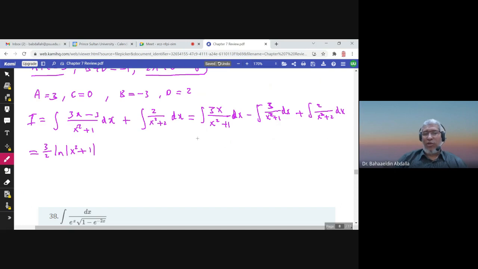If you have a problem with this, use a usual substitution and you will get the answer. Minus 3 times the integral of 1 over x squared plus 1, which is tan inverse x. And here I have 2. And the integral of 1 over x squared plus 2 would be 1 over square root of 2 tan inverse x over square root of 2, and that's just a formula, plus c.